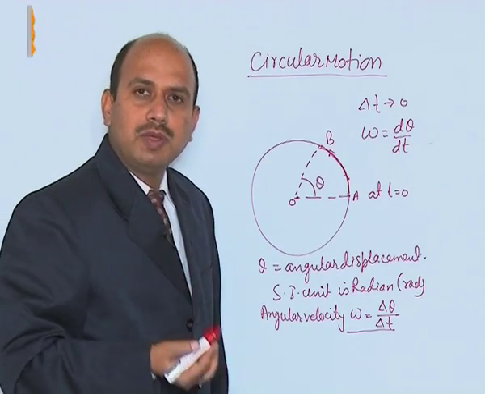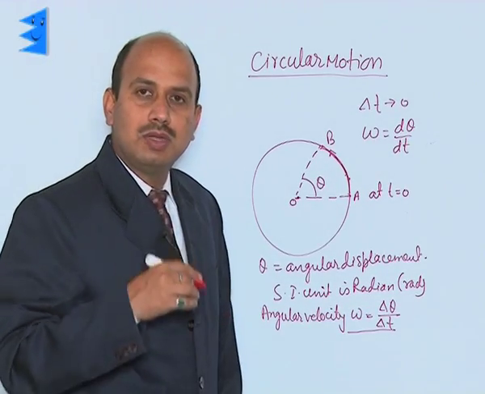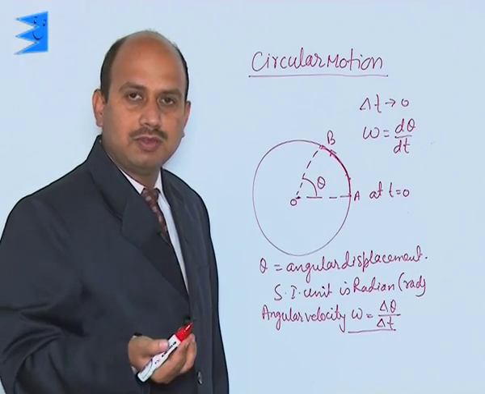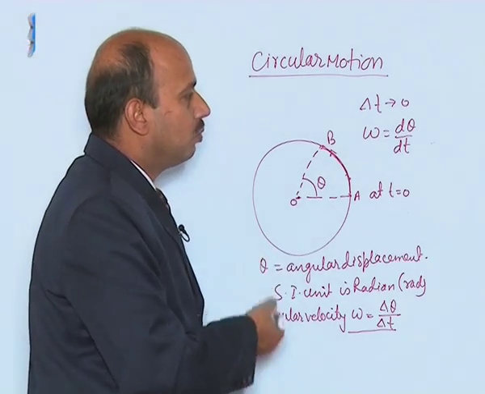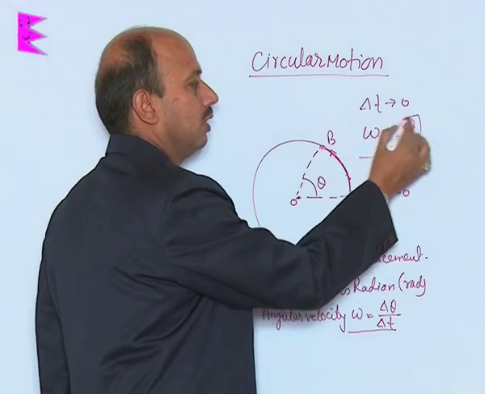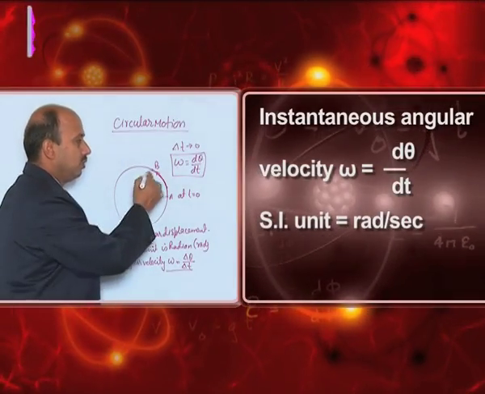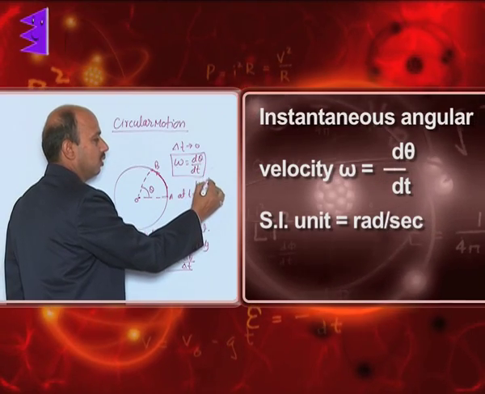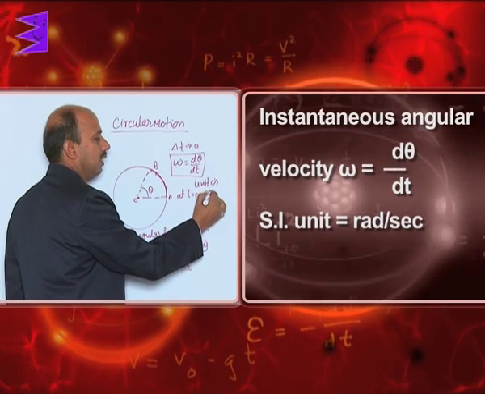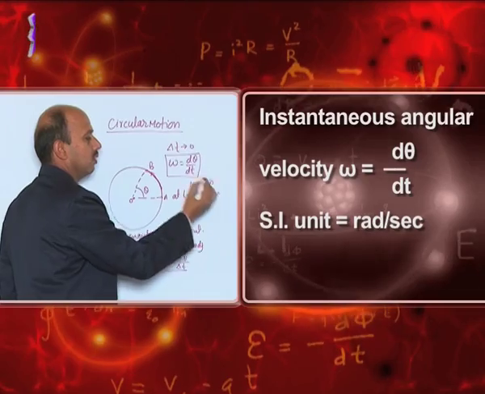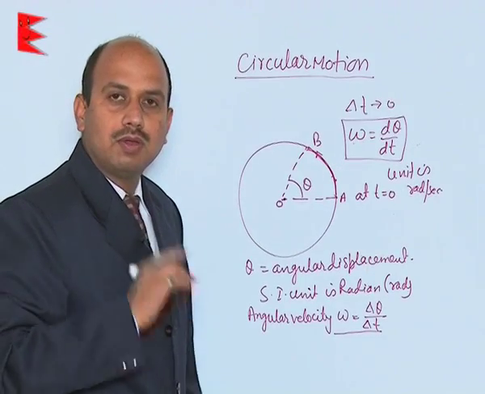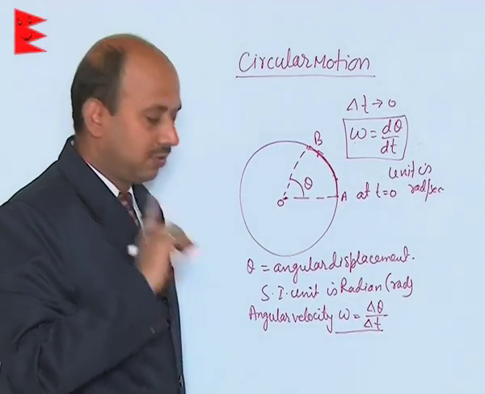In linear motion, velocity is equal to ds upon dt, that is displacement upon time. In circular motion, we take angular velocity. This is called instantaneous angular velocity. Its unit is radian per second.